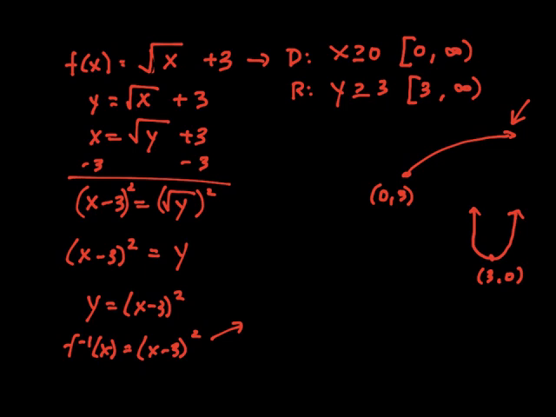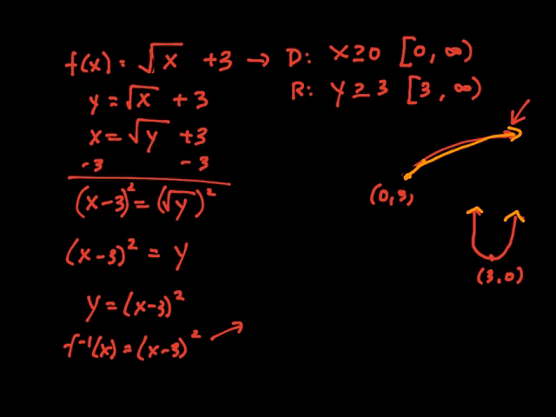It can't, because this is only one portion of this parabola. This is one portion. If this was the inverse, then I would have to have this portion right here. Okay, so which means that the domain and range of the inverse is not all real numbers for the domain.